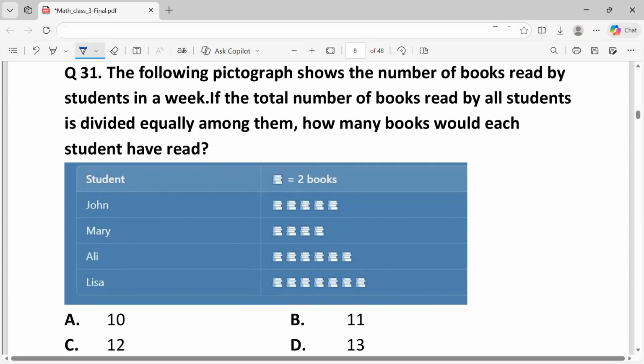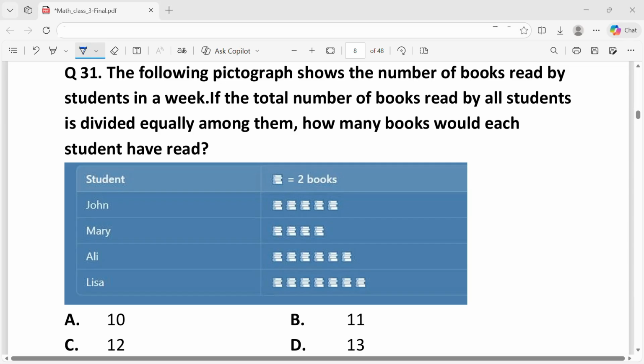Question 31. The following pictograph shows the number of books read by students in a week. If the total number of books read by all students is divided equally, how many books would each student have read?